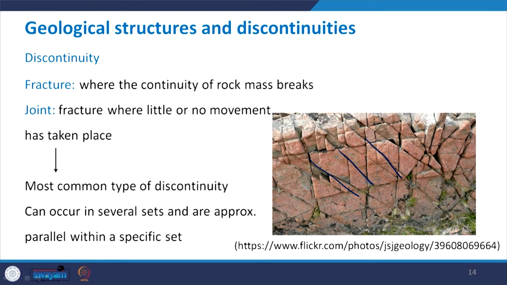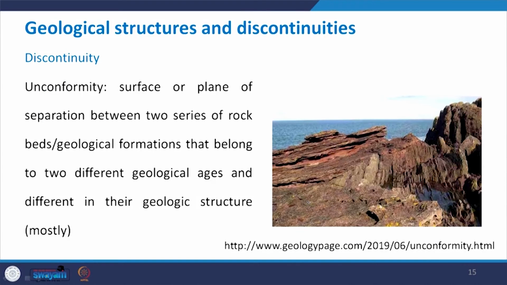And these joints introduce anisotropy, and we will discuss all these issues later in this course when we discuss the concepts related to rock mass. Coming to the next type of discontinuity, which is called as unconformity.